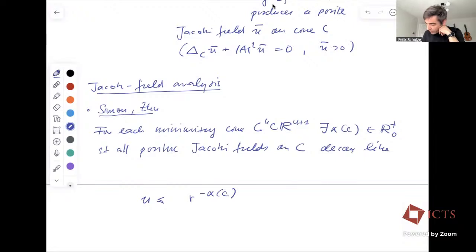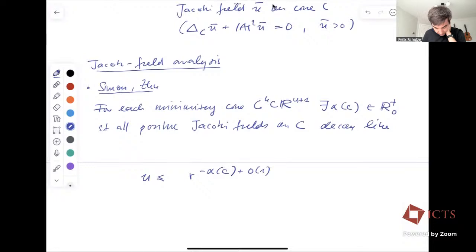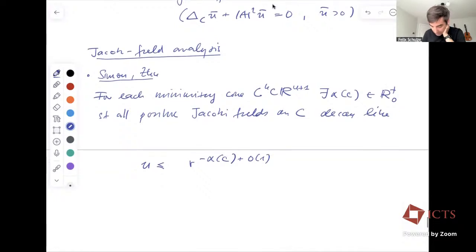We might have to adjust by a little o of 1, so if you go out to infinity, you get this alpha, but maybe up to a small error. The little o of 1 is in terms of the radius. So we get a decay.